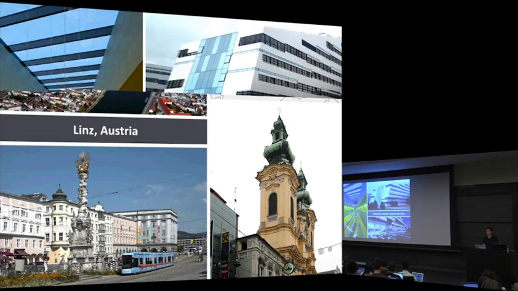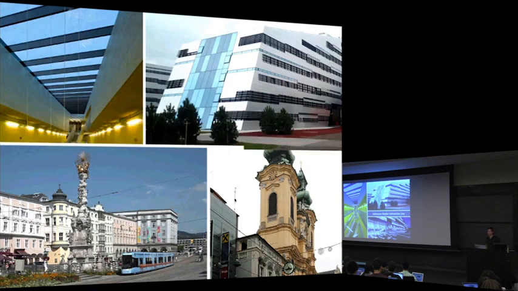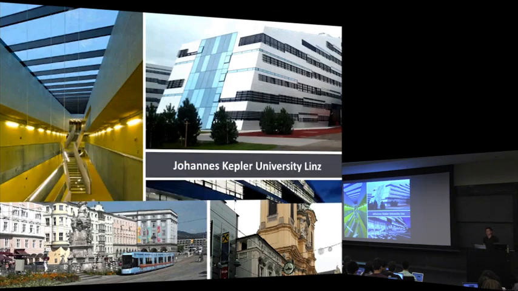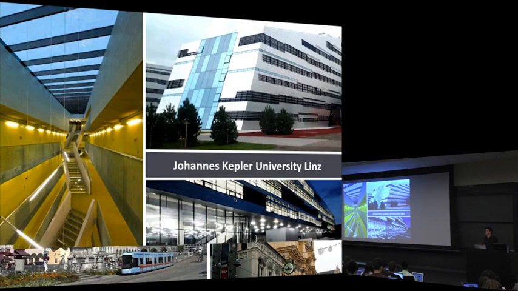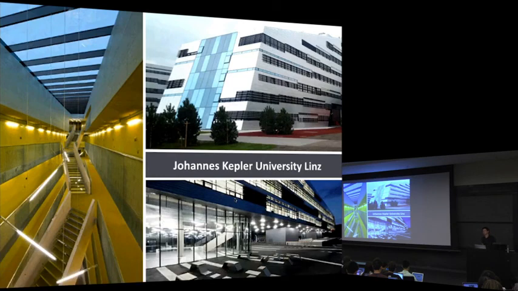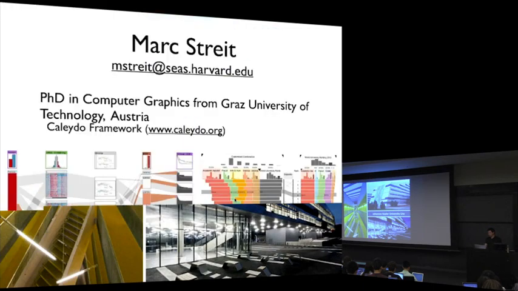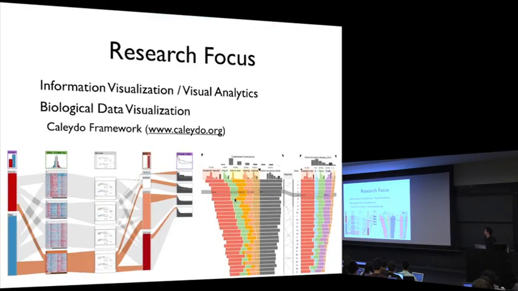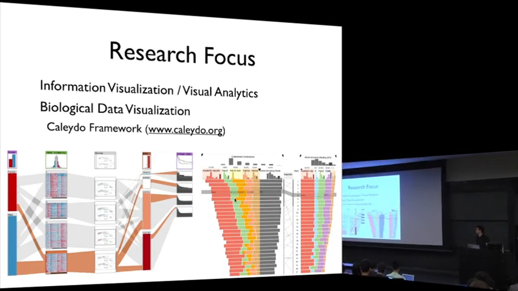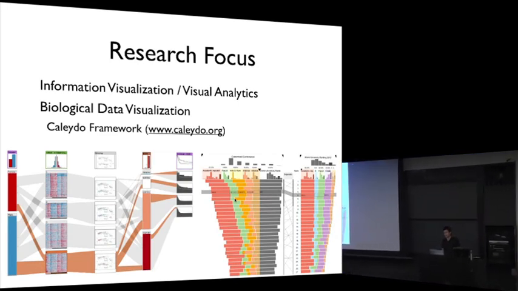I'm an assistant professor at Johannes Kepler University in Linz. This year I'm a visiting professor at SIAS in Hans-Peter Pister's group. That's the professor who did the data science course last year, but who is on sabbatical now. I'm leading the visualization group there. We're doing mostly InfoVis research, and most of it is biological data visualization, so mostly cancer data.